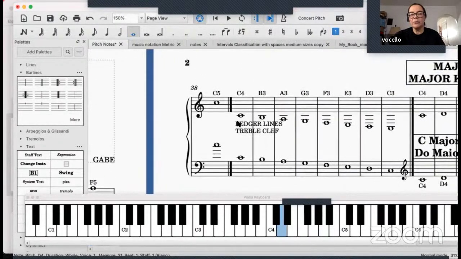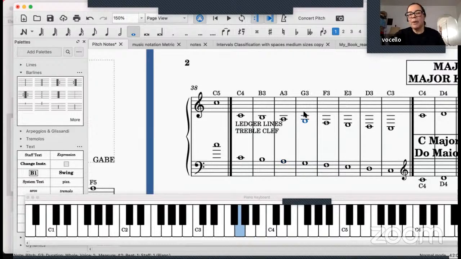C4 is the first ledger line below the musical staff. A3 is the second ledger line, first, second. The second ledger line below the musical staff on the treble clef is A3.